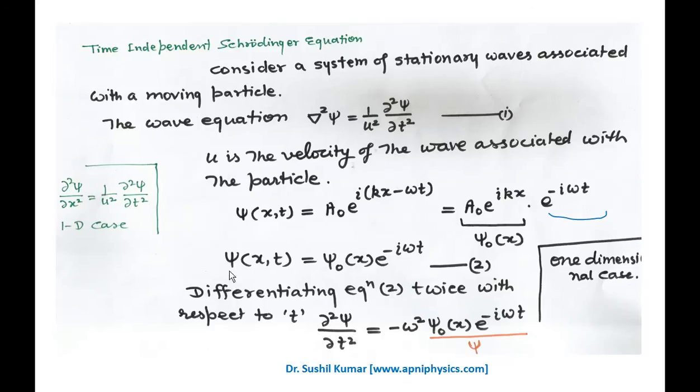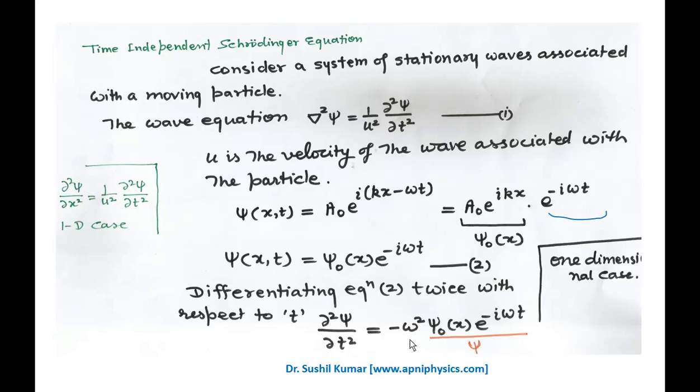So this is the wave function in the one dimensional case, and now I am differentiating it twice with respect to t. So d2 psi upon dt square is equal to minus omega square psi naught of x e raised to the power minus iota omega t, and this part is equal to psi.